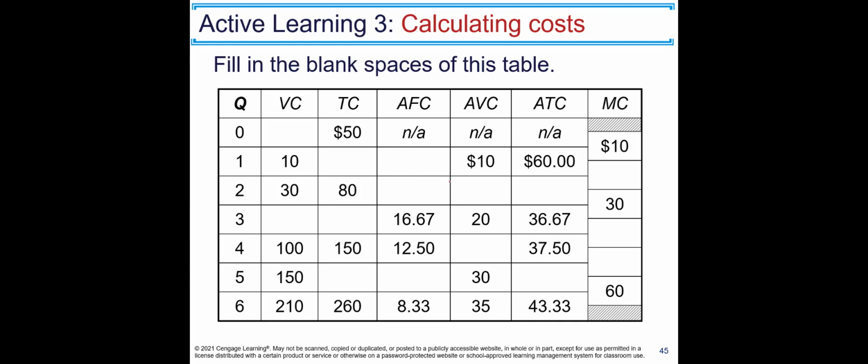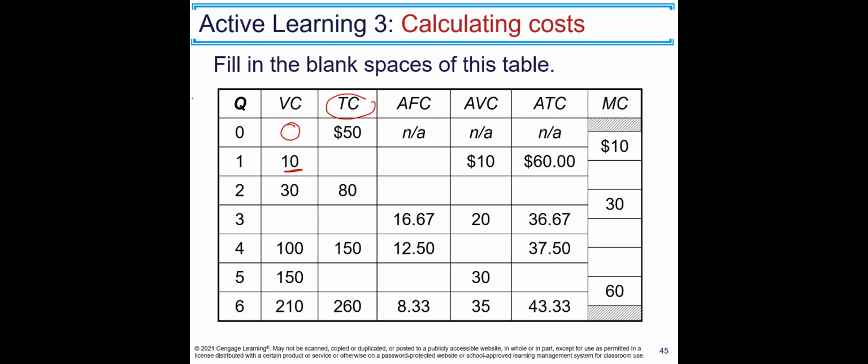So let's fill in the blank spaces of this table, starting with the first one. What is the variable cost of producing 0 units? As you know, it's 0. There is no variable cost when you produce nothing. And let's look at here: what is the total cost of producing 1 unit? Variable cost is 10.